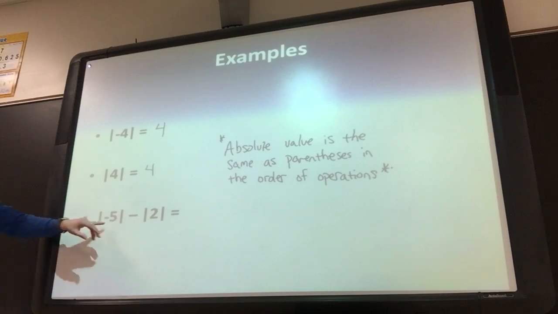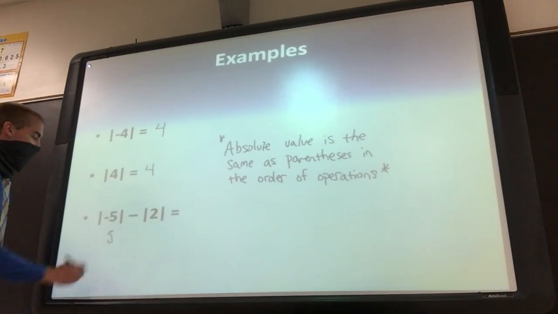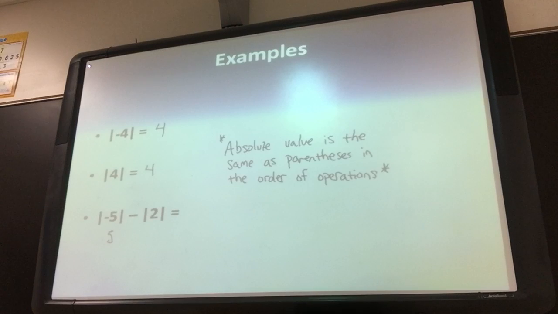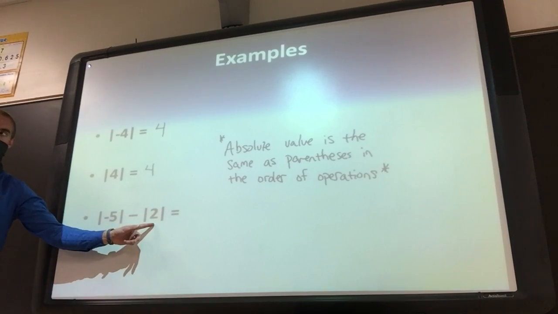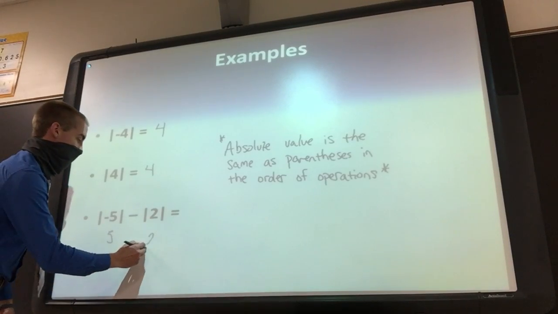So these are the same as parentheses, which means take the absolute value of -5, so -5 becomes +5. Take the absolute value of 2. Does 2 change? Nope, because absolute value is always positive, because it's distance.